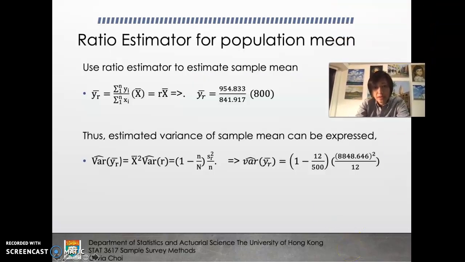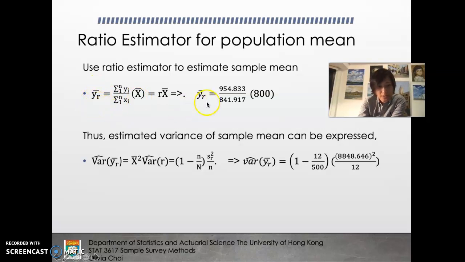Okay, so after all, we may ask, after the ratio estimator, what can I make use of it? Like in my written notes, we can use the ratio from our sample, R, multiplied by the true population mean X bar to estimate the Y bar using the ratio estimator.